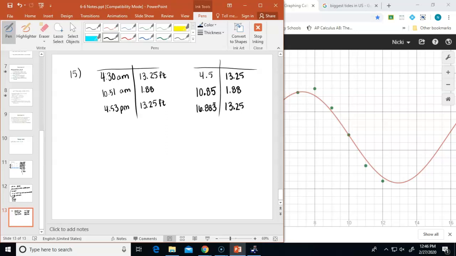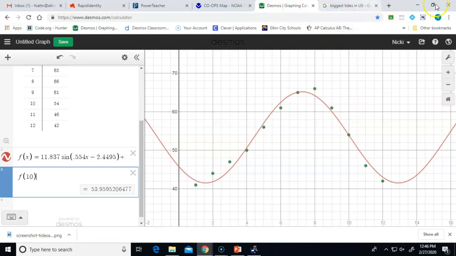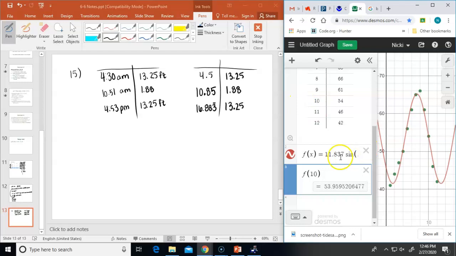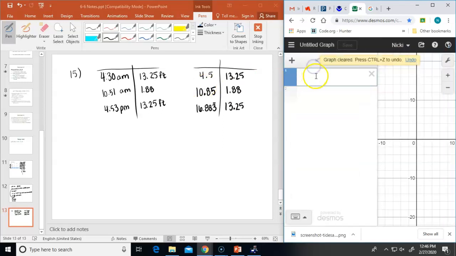So what you're going to have to do on this problem is think about this in terms of writing it by hand. You could add the table just so it puts the points there, but it doesn't work as far as the equation.